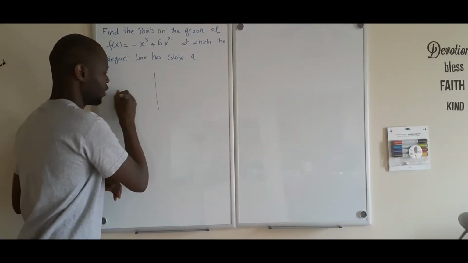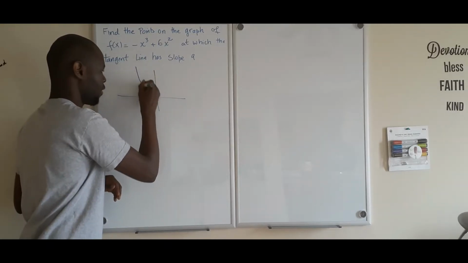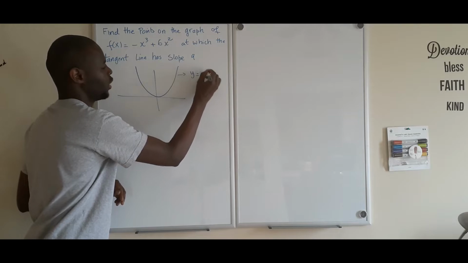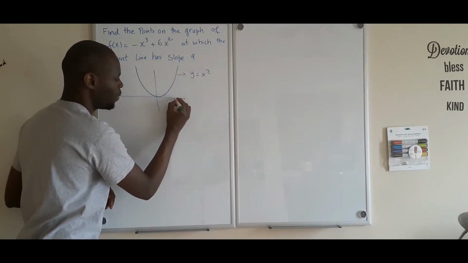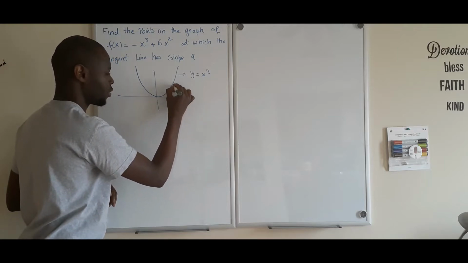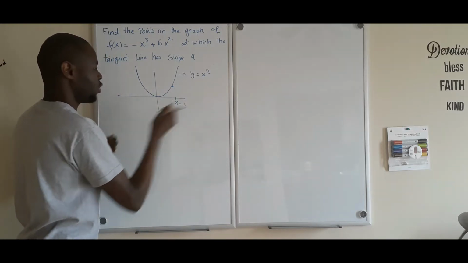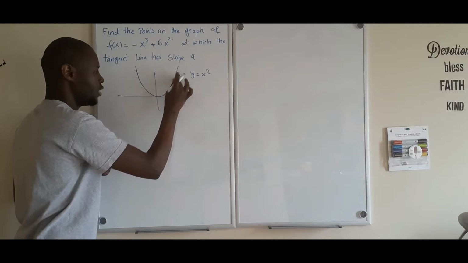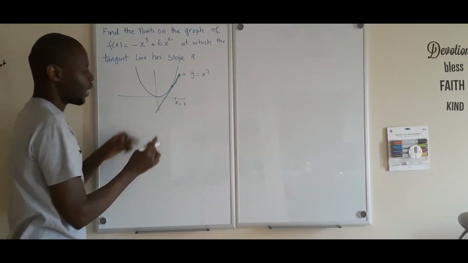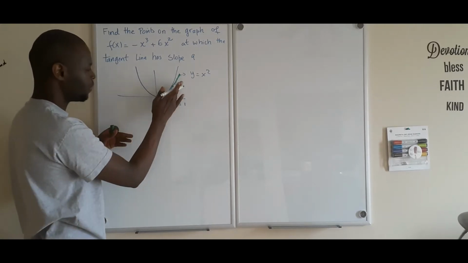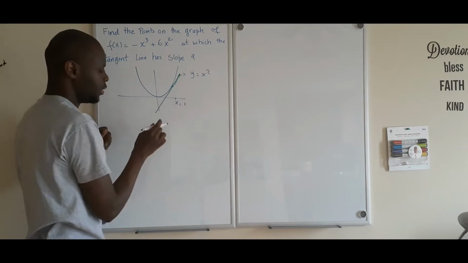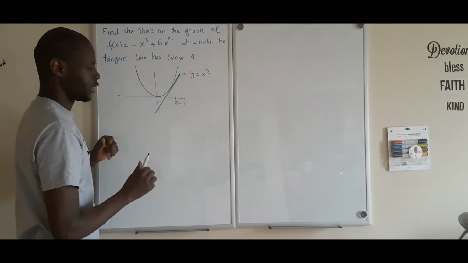So let's say we're given y equals x squared, and we're asked to evaluate what will be the slope of the tangent line at x equals 1, right? So what we did was we evaluated the derivative of this function and found the slope of that tangent line, right?